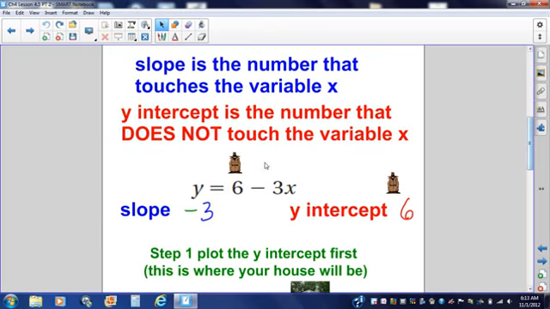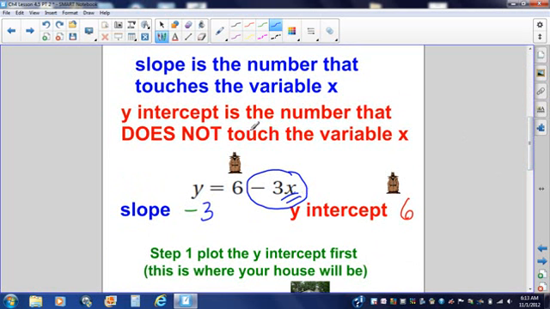Alrighty, remember that the slope touches the variable x. So right here, you should be able to see that negative 3 is the one touching the x. So on your paper, please write slope and write negative 3. Y-intercept is a number that does not touch the variable x.